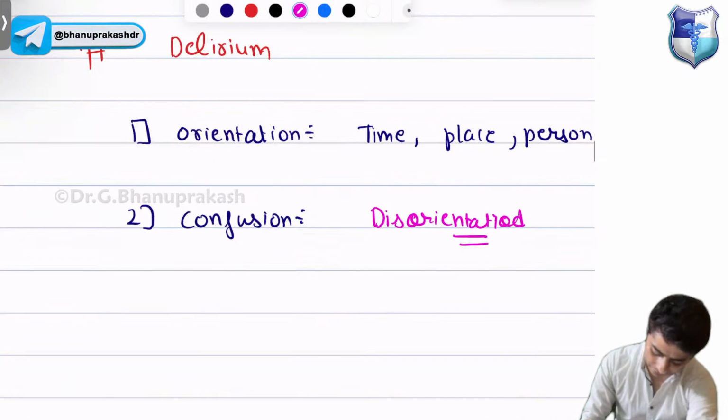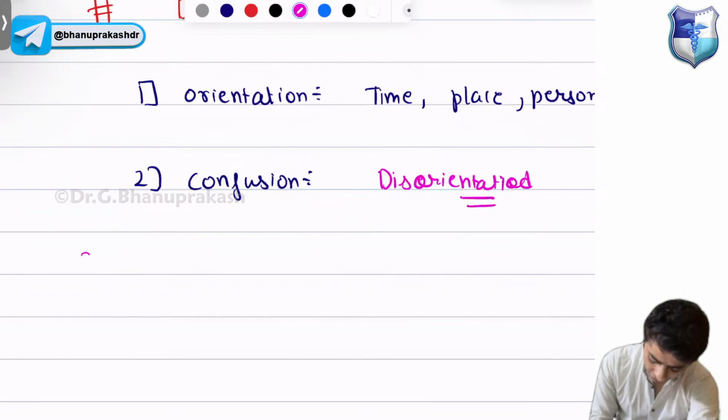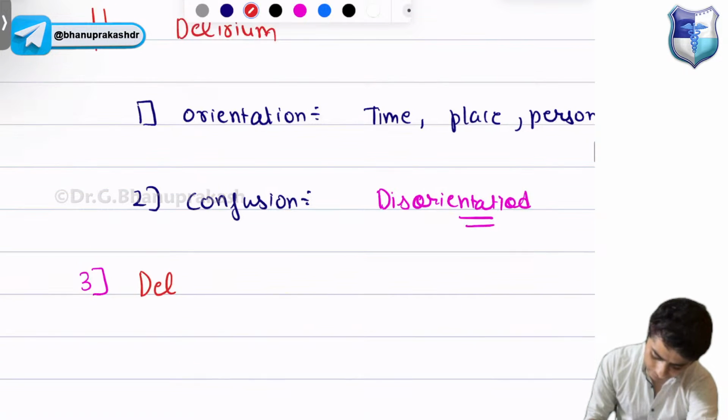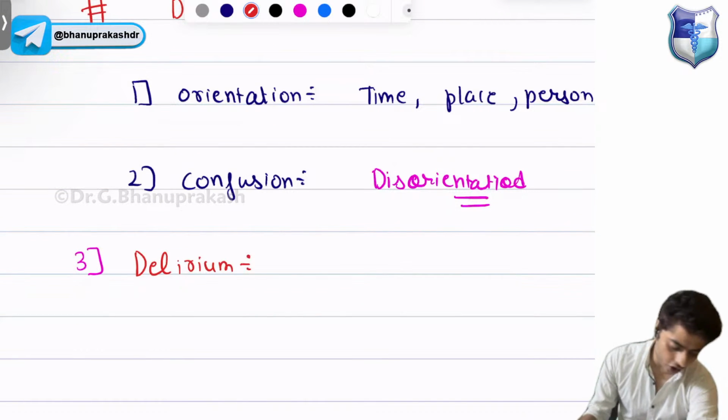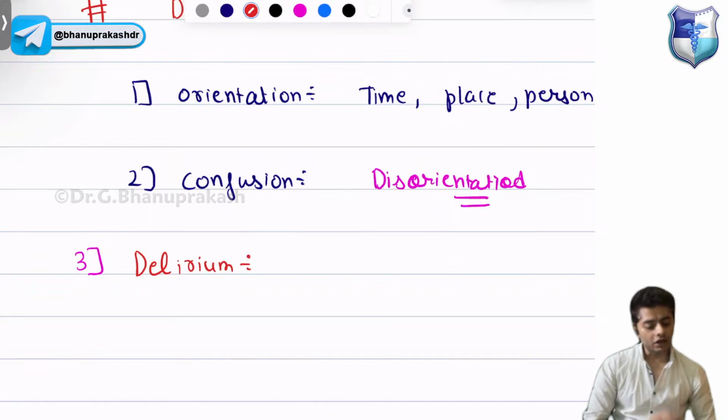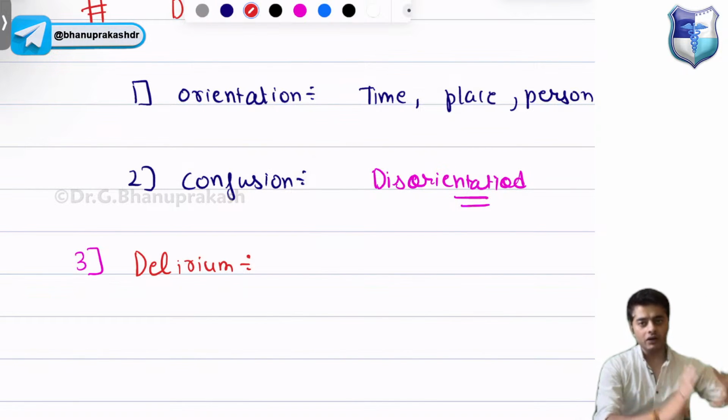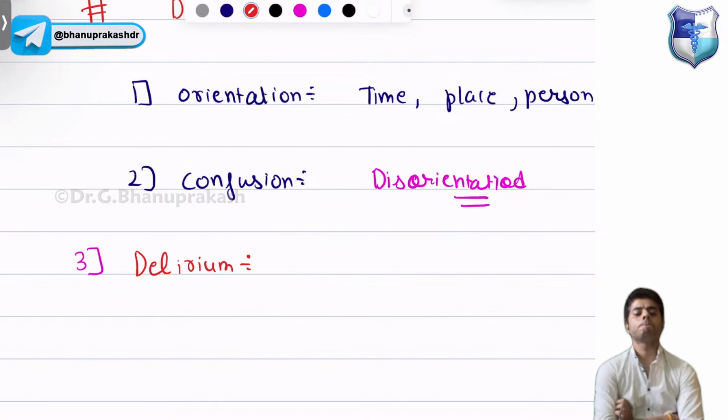Very good. Third, now tell me the definition of delirium. We know the term orientation, we know the term confusion. Now tell me the definition of delirium.